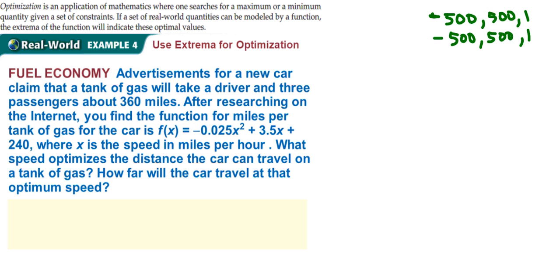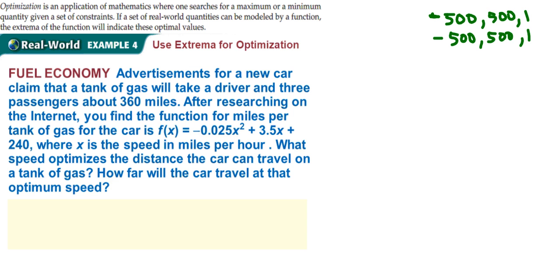So this is the x-min of negative 500, x-max of 500, and going by x scale or delta x, whatever it happens to say on a calculator, by 1, and then negative 500 to 500. So you should have that there now. And now find that point that is going to be the maximum.